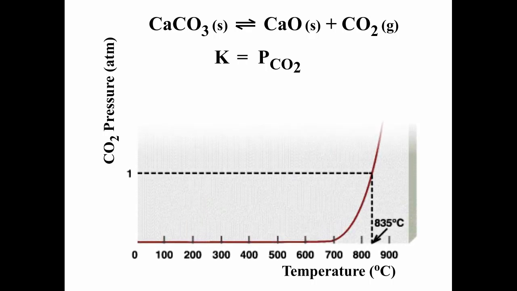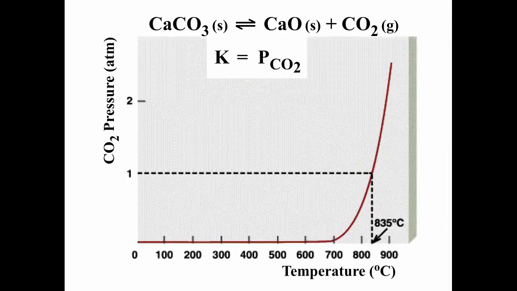And here it is. Notice the equilibrium constant is a very small number when the temperature is very low, because at low temperatures the reaction isn't spontaneous, so we don't expect there to be much pressure of CO2 at equilibrium. And it's not as if it hits 835 degrees Celsius and then suddenly the reaction goes.